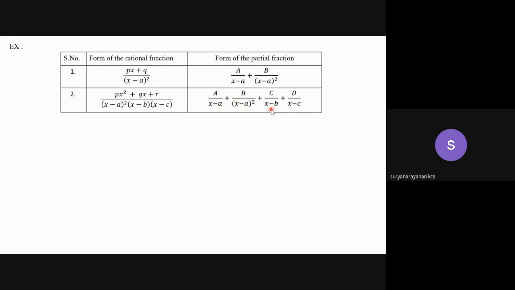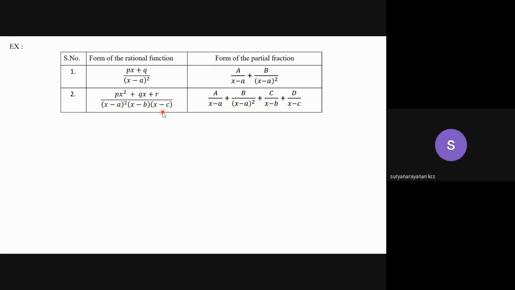Can you tell me what is the partial fraction I wrote here corresponding to this (x minus b)? C by (x minus b), sir. C by (x minus b).